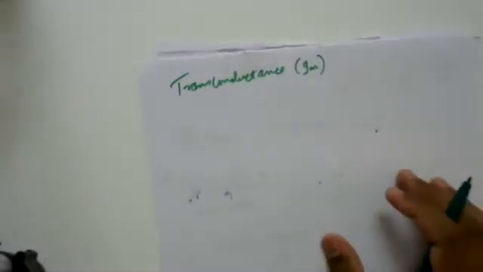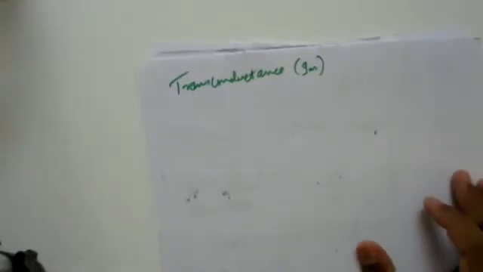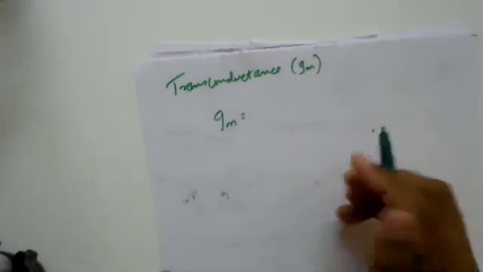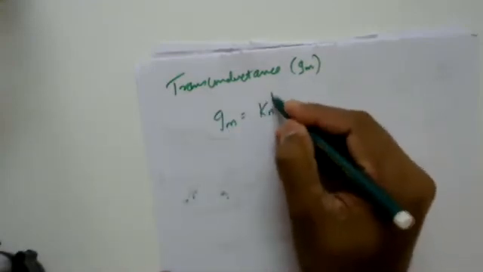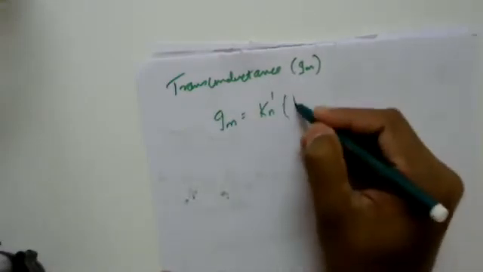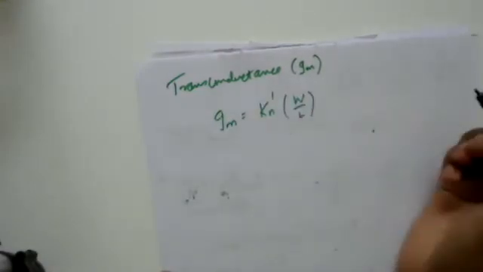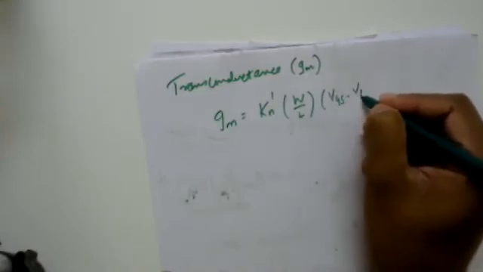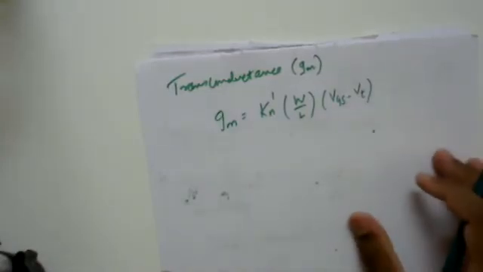In this concept of transconductance GM, I know what the equation for GM is. So GM is defined as Kn dash W by L into VGS minus VT. So this equation is not new to you.